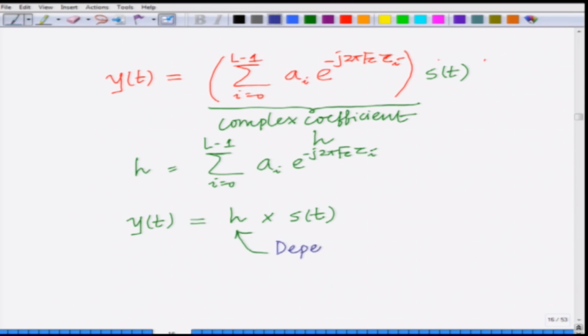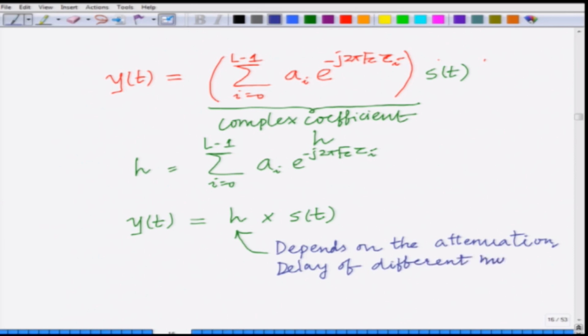So, y of t equals h times S of t, where this complex coefficient depends on the channel. More precisely, it depends on the attenuation and delay of different multipath components of the channel.